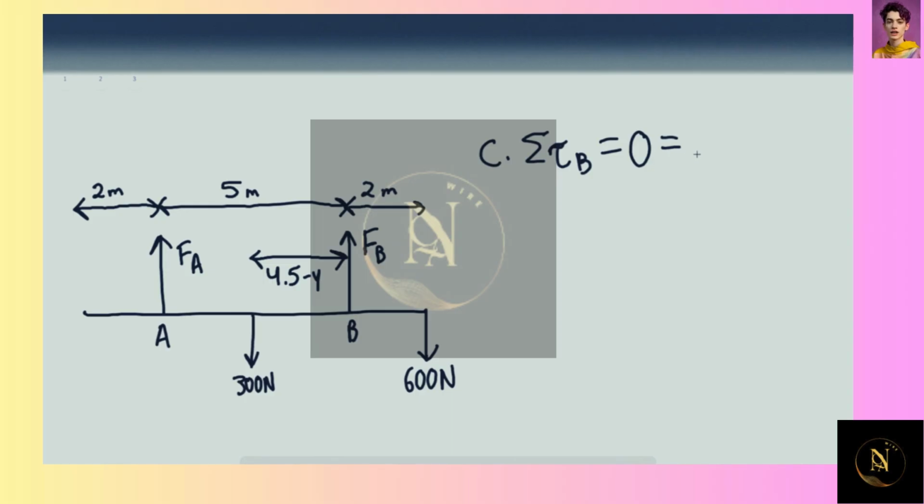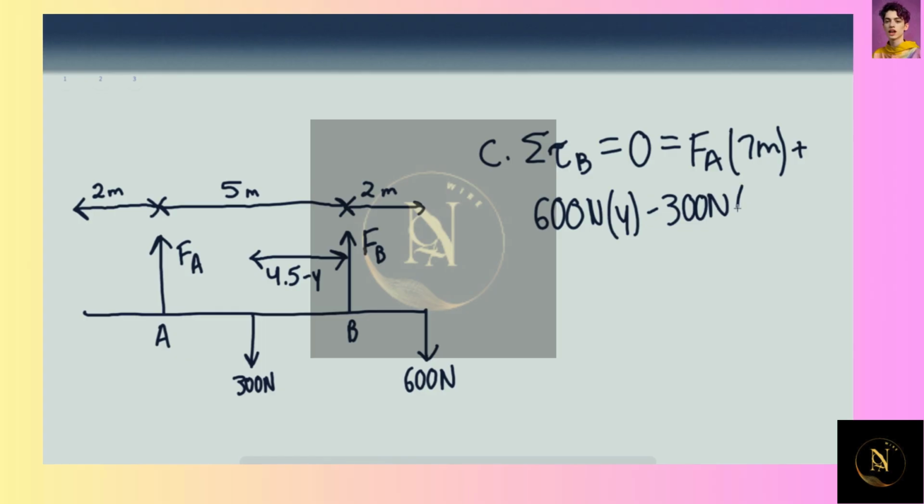And this would be equal to F of A times 7 meters plus 600 newtons times y minus 300 newtons times 4.5 meters minus y. And we find that y is going to be equal to 1.5 meters.